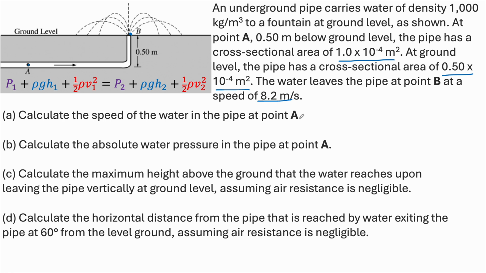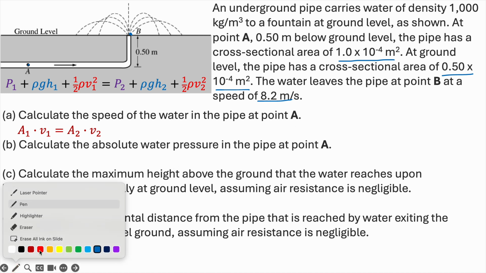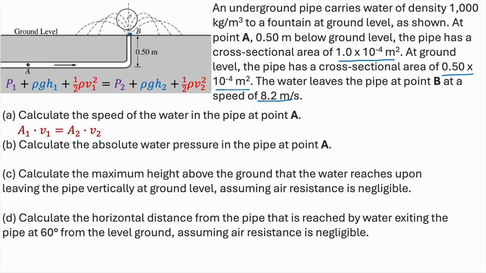So for this one, we're going to be using the equation of continuity, which I didn't list on this slide. We have the area. We know the velocity when it leaves the pipe up on top is 8.2 meters per second. And so we can very quickly calculate what the velocity is underground.